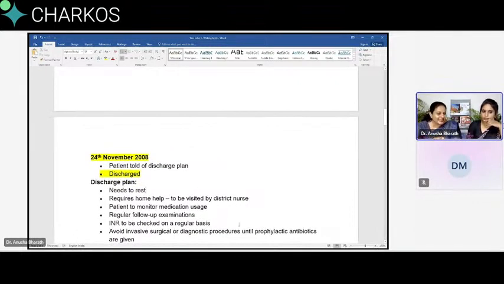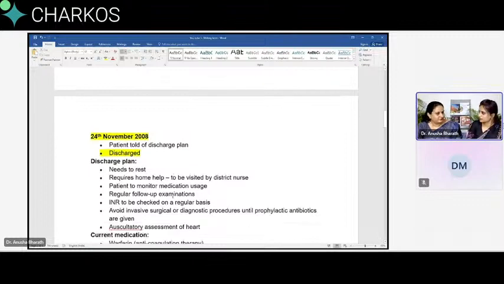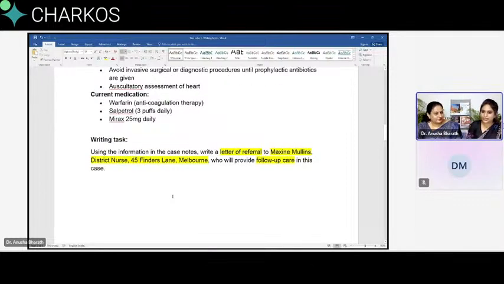In this case, it is mentioned. The patient is discharged on 24th November 2008. So this will be your date of the letter. After writing the date, we will be writing other details. So can we just start showing them how to write?